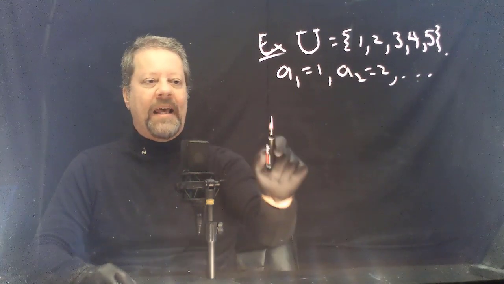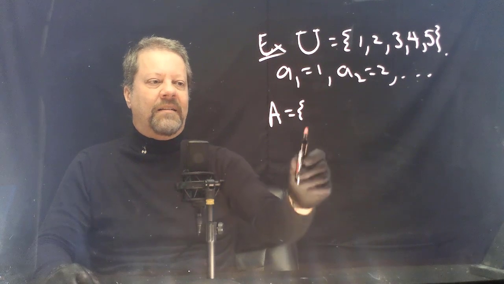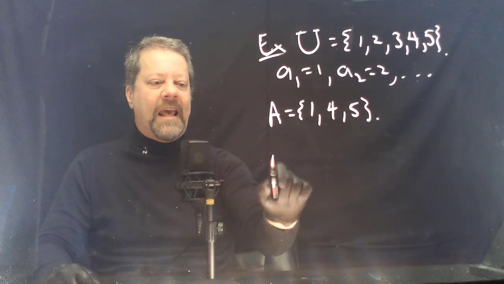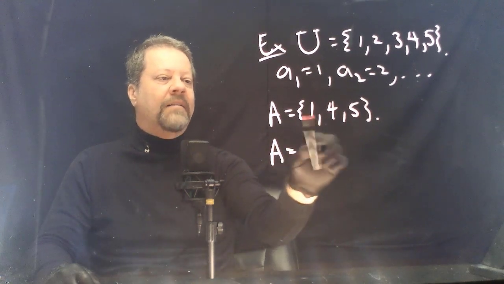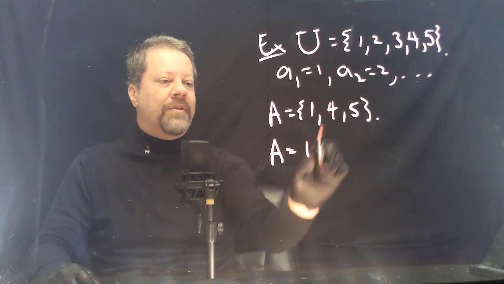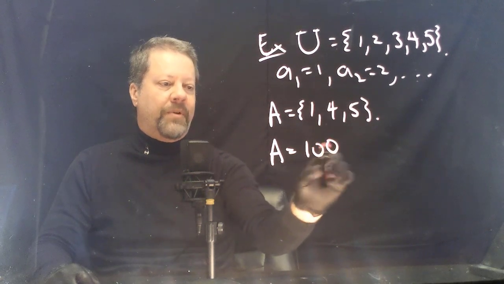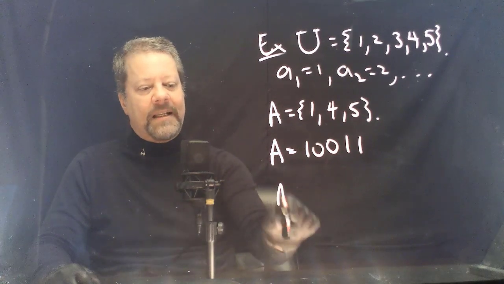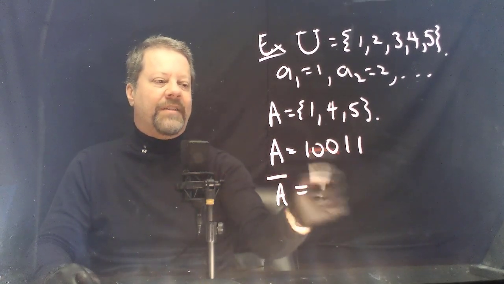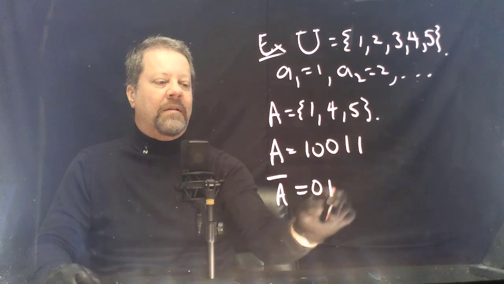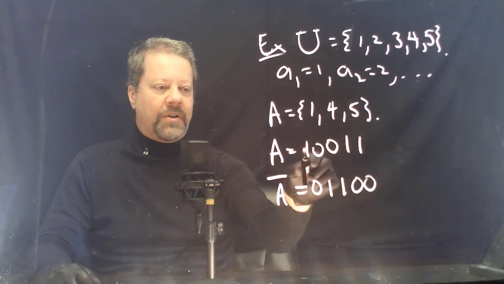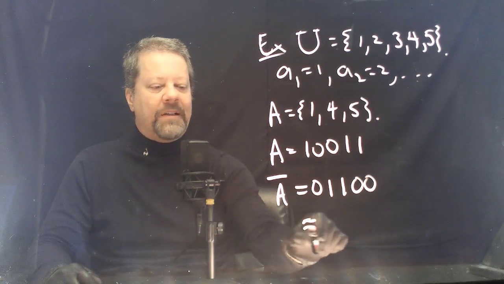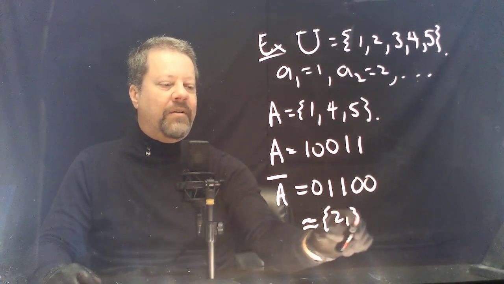If our set A has 1, 4, and 5, then A can be represented by 1, 0, 0, 2 and 3 are not present, 1, 1. It's easy to calculate the complement of a set in this form. You just convert 1s to 0s and 0s to 1s. So this would correspond to the set 2, 3.